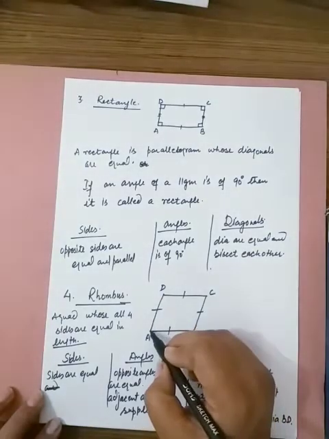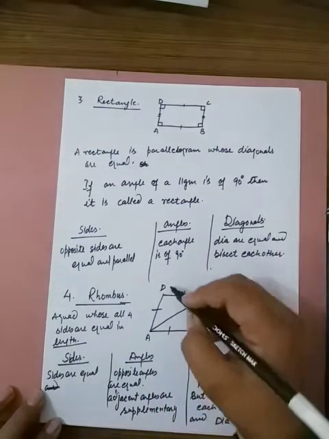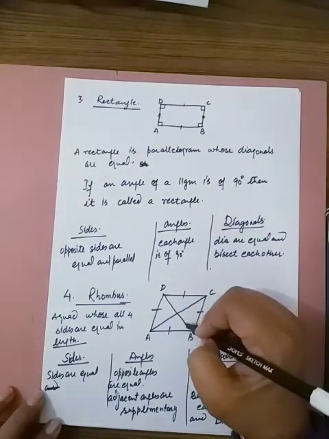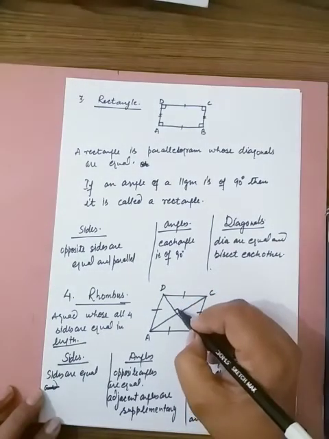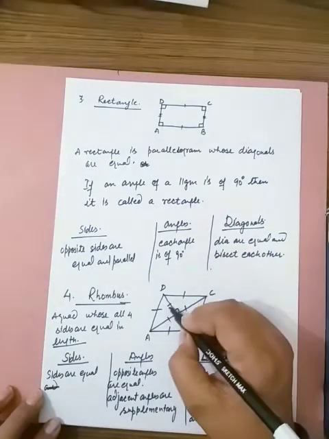Both the diagonals are perpendicular to each other, or we can say diagonals are perpendicular bisector of each other.